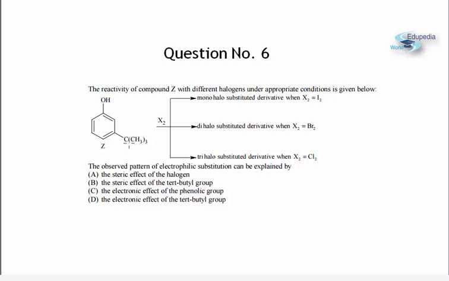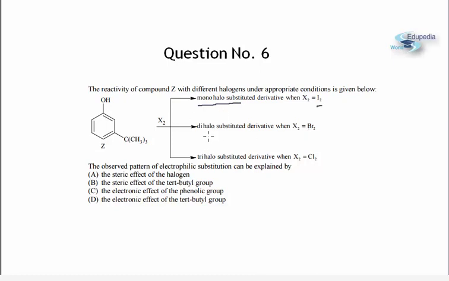The reactivity of compound Z, which is the compound we have been given, with different halogens under appropriate conditions is given below. This compound Z reacts with different halogens. When the halogen is I2, we get a monohalo substituted product, that is, substitution takes place at only one position.